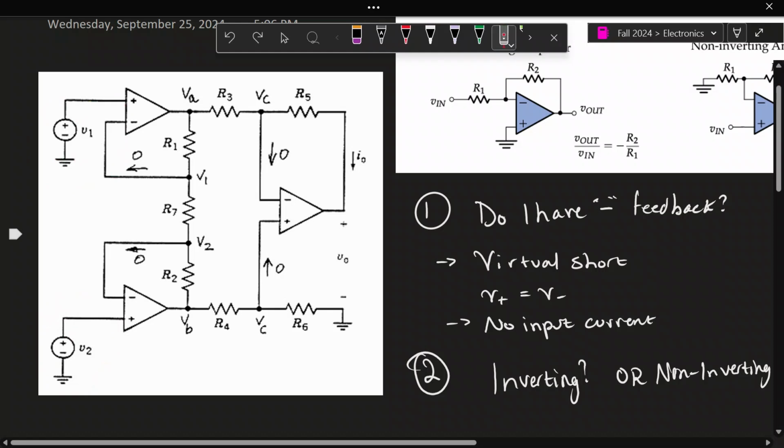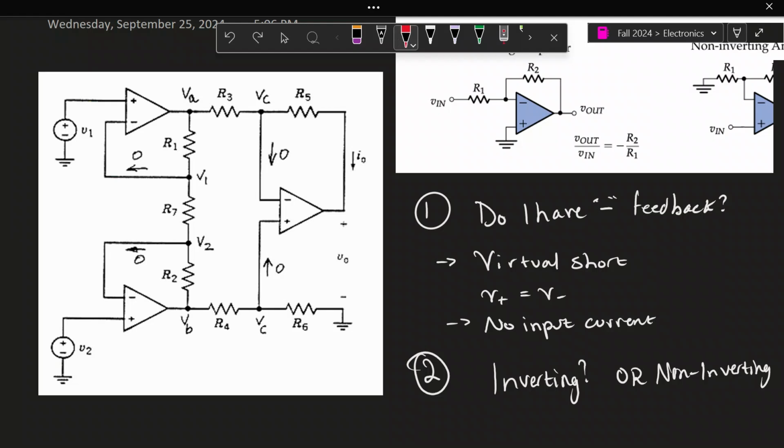Okay, so when you have two different voltages, there are two things you could do. You could either use superposition, which means you let one of the voltages be zero and analyze the response of the circuit using only V1, and then add that Vout1 to Vout2, meaning you would let V1 be 0 and analyze the response for V2 only.